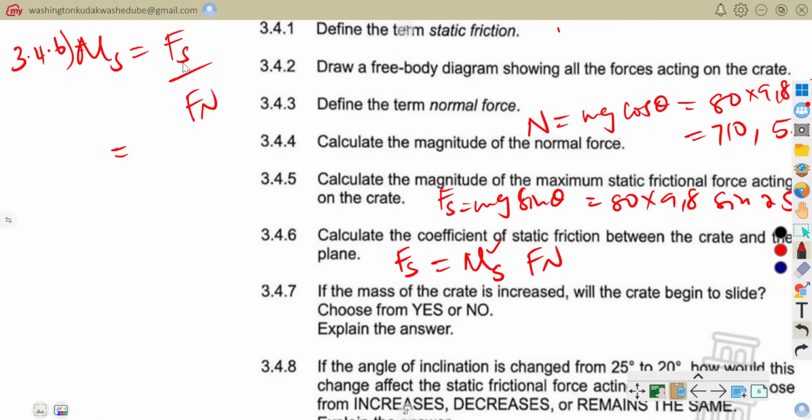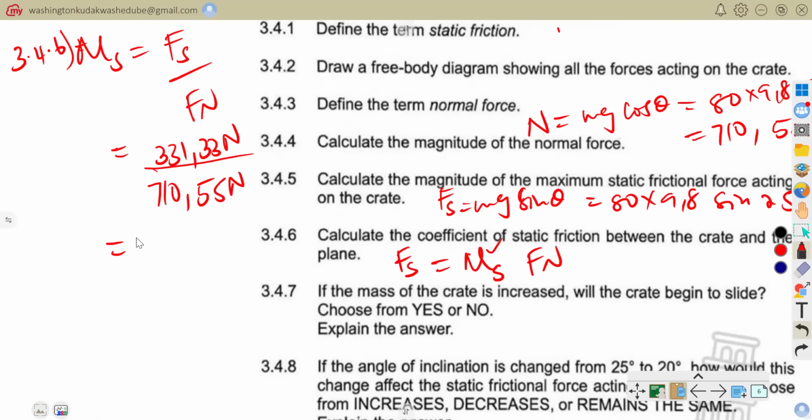So I have 331.33 newtons divided by 710.55 newtons.